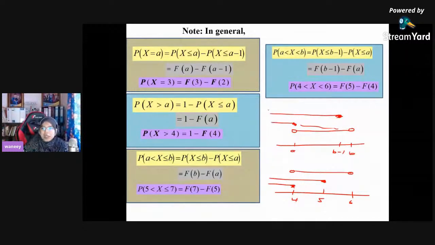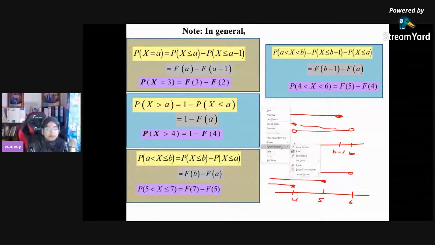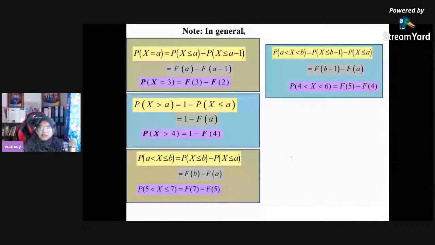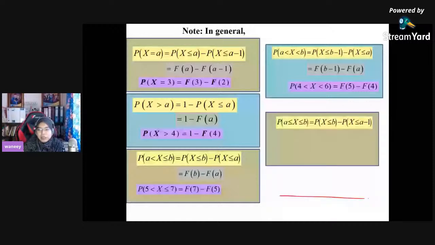Okay, next. The probability for x greater than or equal to A, less than or equal to B. So now this is A, this is B. Equal A, equal B. Always start from the left hand side.